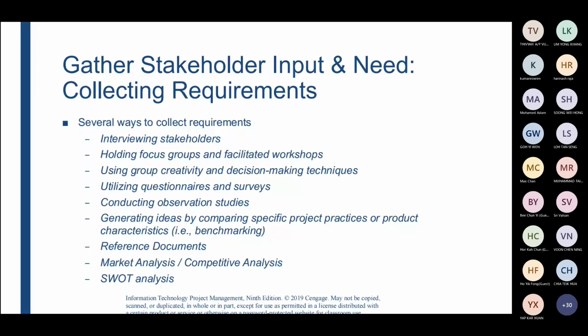There are several methods of information gathering. One is interviewing stakeholders. Interview, as we have covered from your diploma level itself. One of the common methods is interviewing stakeholders.